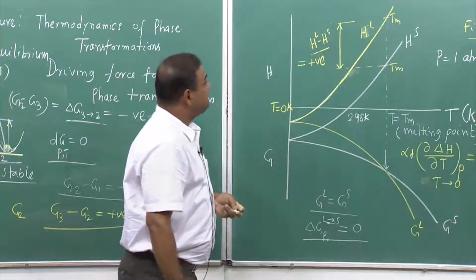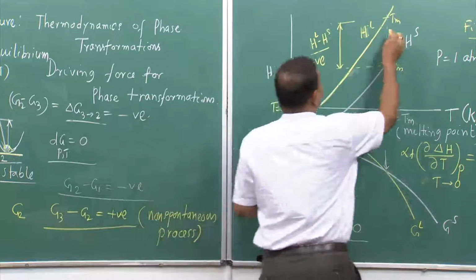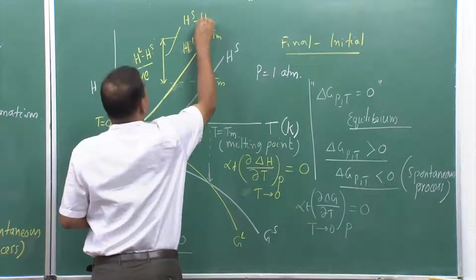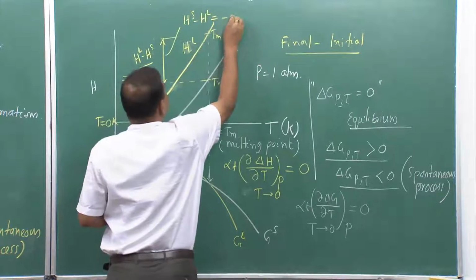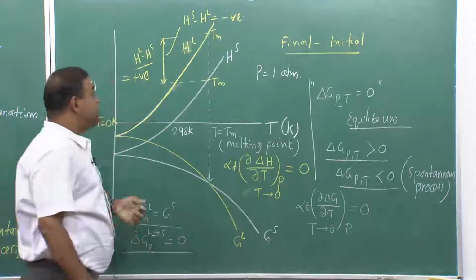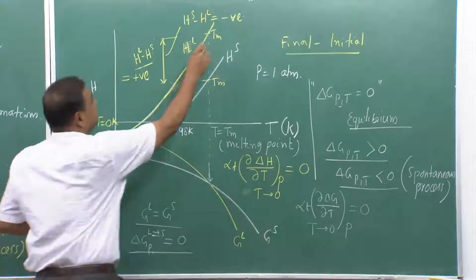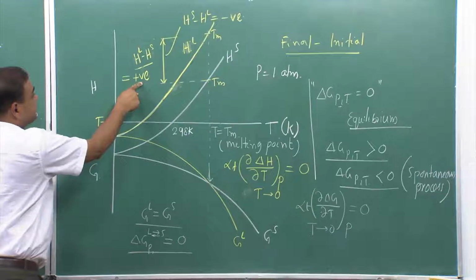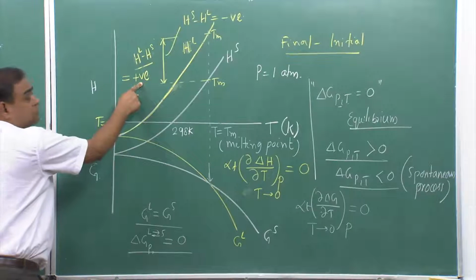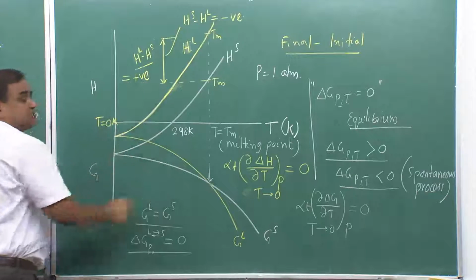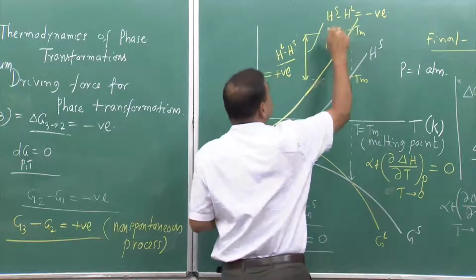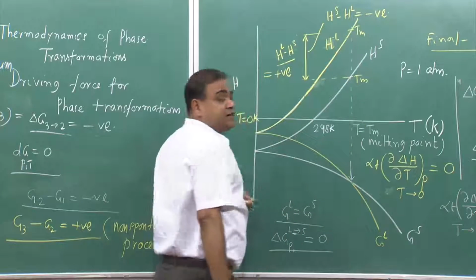But if I try to do HS minus HL, which becomes negative. Now, here things are becoming interesting. If we get liquid out of solid, it is a positive quantity, and if we get solid from a liquid, then we get a negative value.